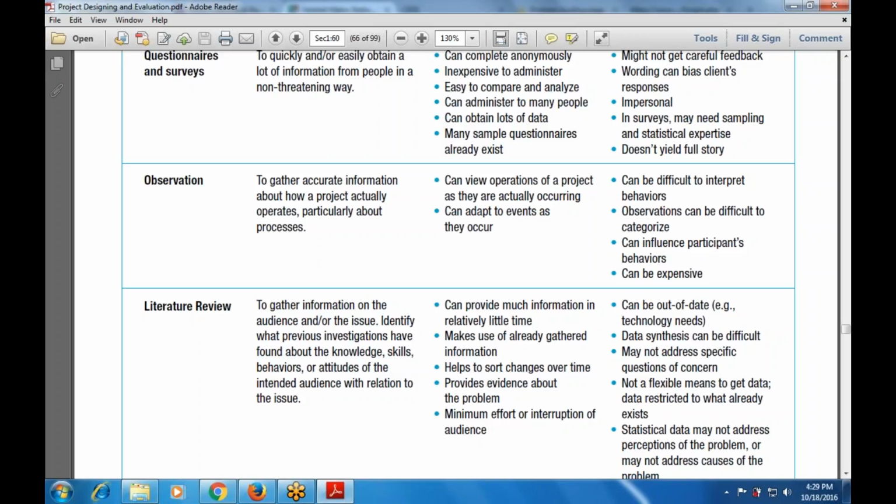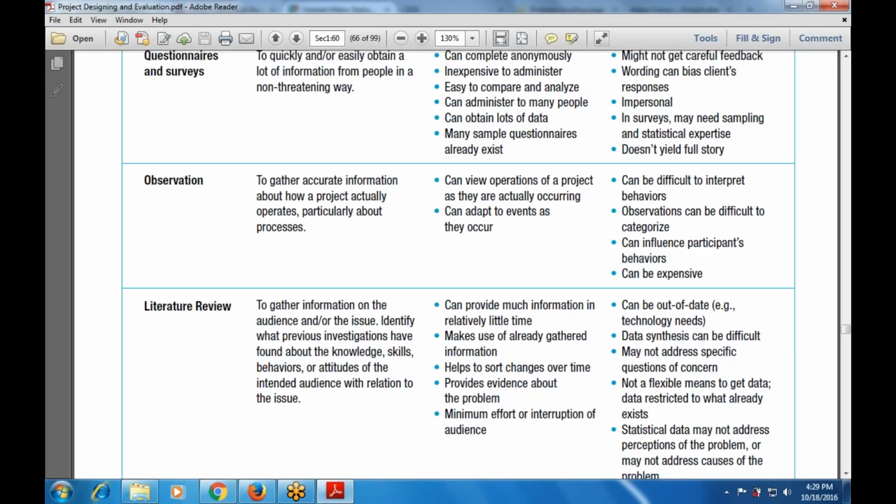Then what are the various advantages? It can provide much more information in relatively little time. More and more information can be gathered in less and less time. Then it makes use of already gathered information, and helps to sort the changes over time. It also provides evidence about the problem.